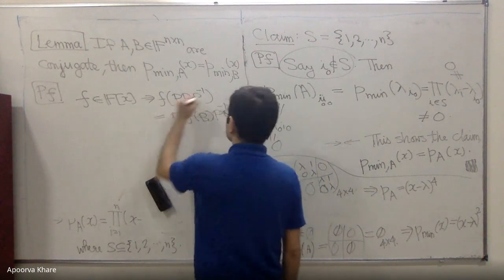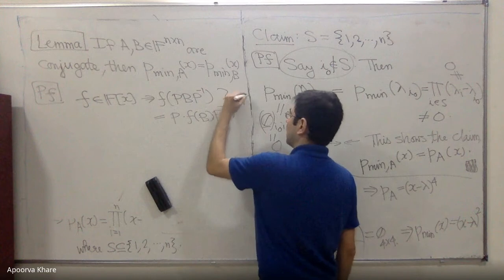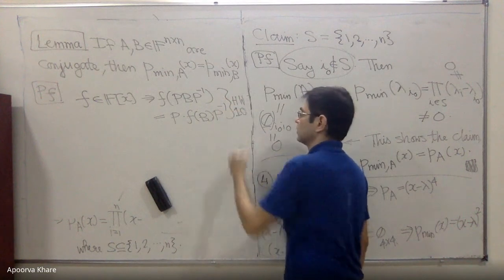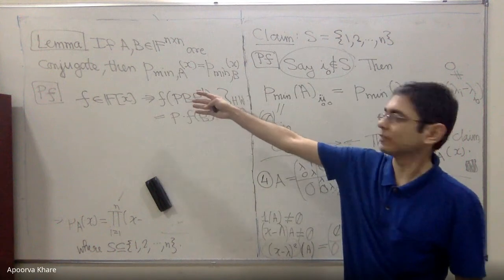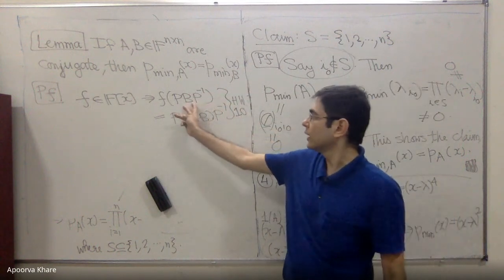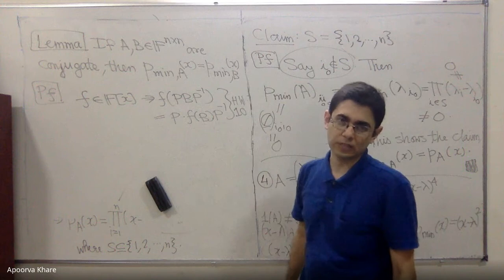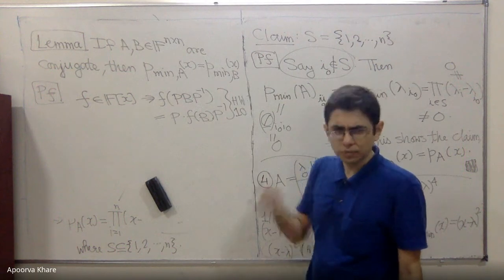I think it's even homework 10. So for every polynomial f of x, if you evaluate it on the conjugate, then that's the conjugate of the polynomial itself. That's not hard to prove, that's your homework problem.